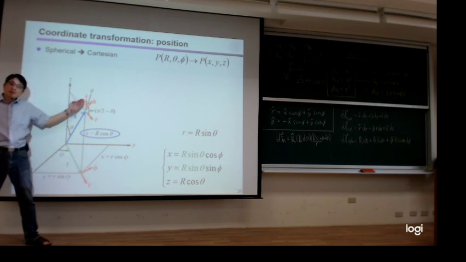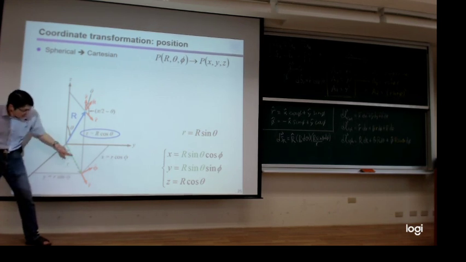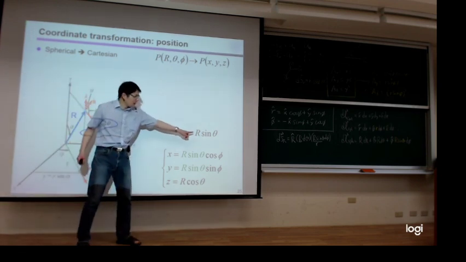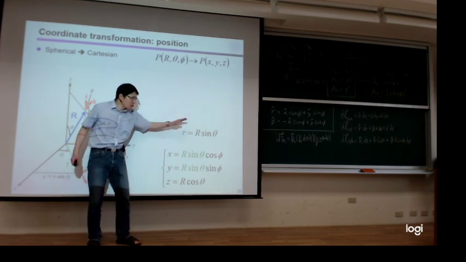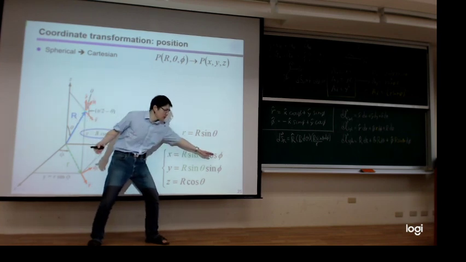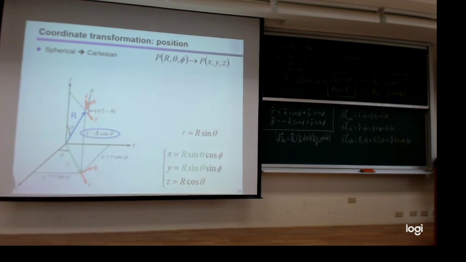When you do this projection, you're trying to find this green radius, non-capitalized r, which equals capitalized R times sine theta. So once you have this r value, everything is similar to the cylindrical coordinate.